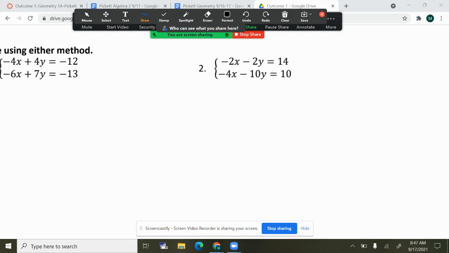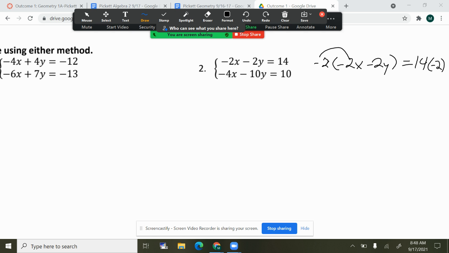So I'm going to multiply negative 2 times negative 2x minus 2y is equal to 14, and again, still need to multiply it by negative 2. All right, so I distribute.